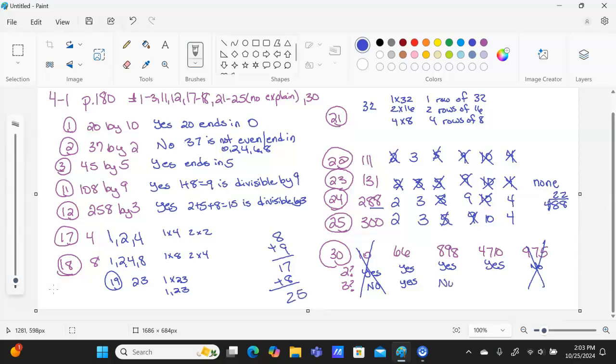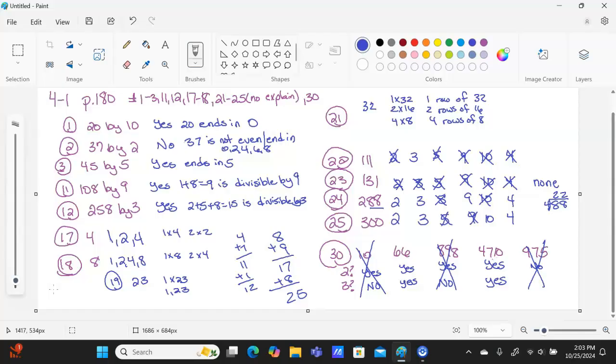That is not divisible by 3. 4 plus 7 is 11, plus 1 more is 12. That is divisible by 3. So 66 and 4,710 are divisible by both 2 and 3.